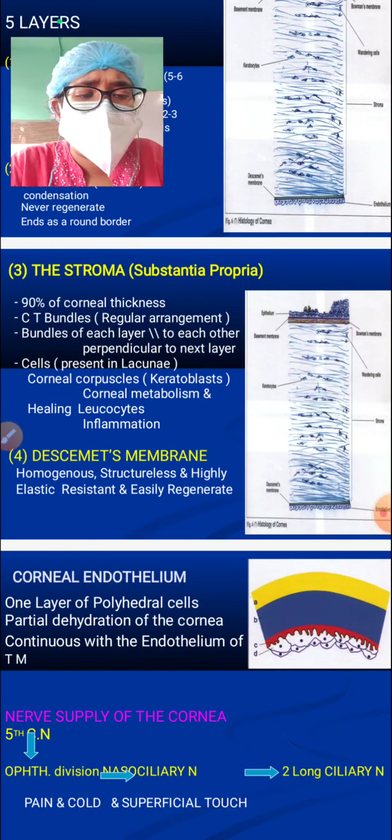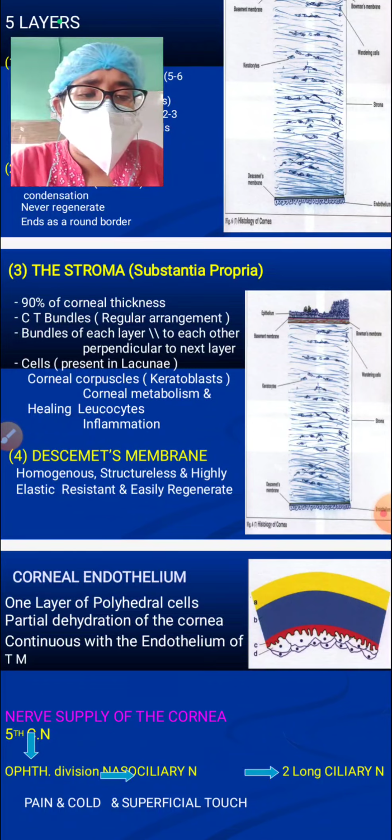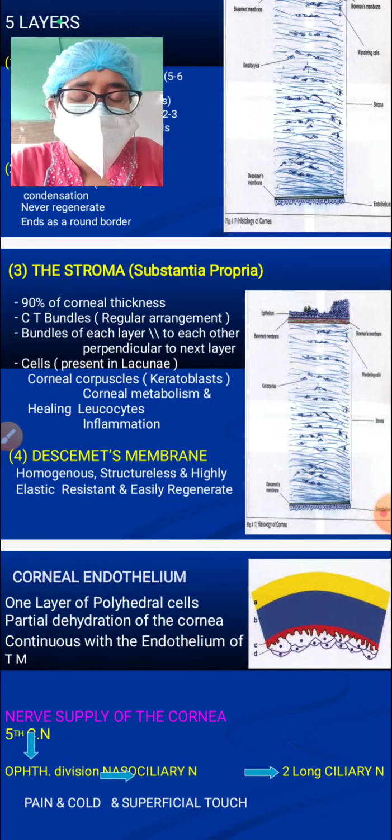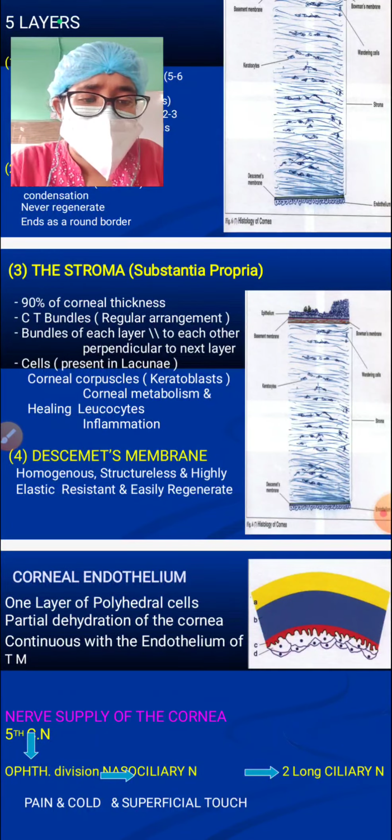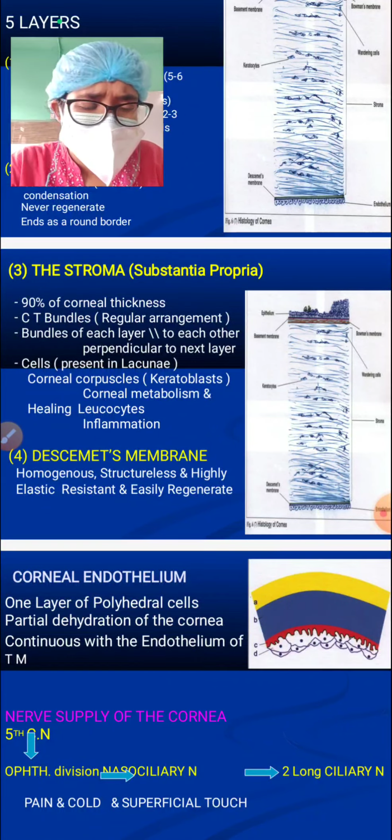The corneal endothelium is also absolutely required for maintaining transparency, as nutrients come from the aqueous humor.